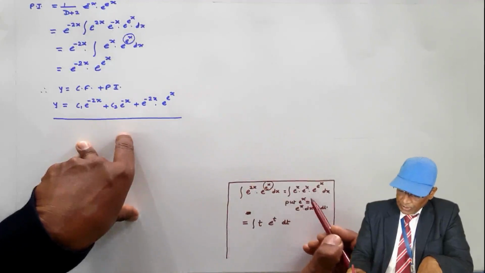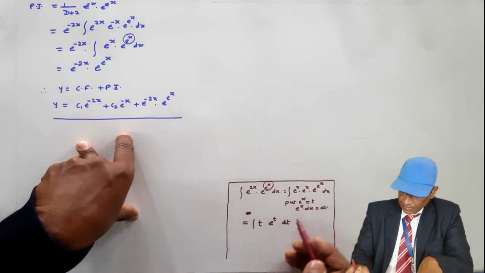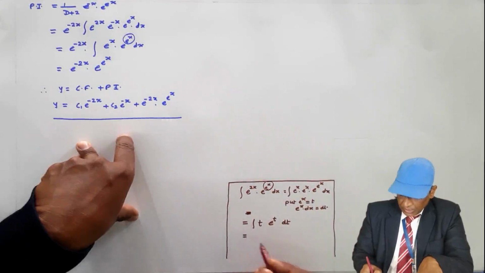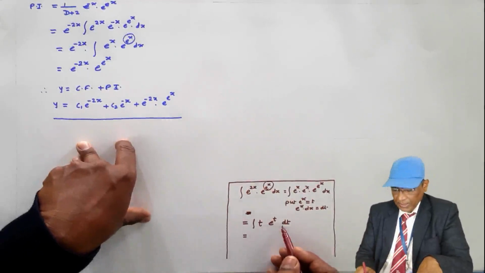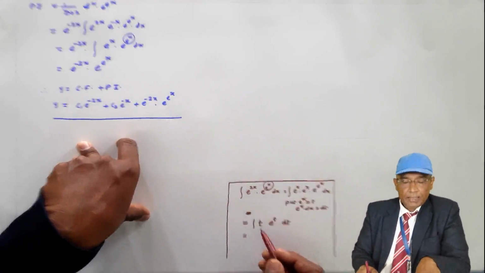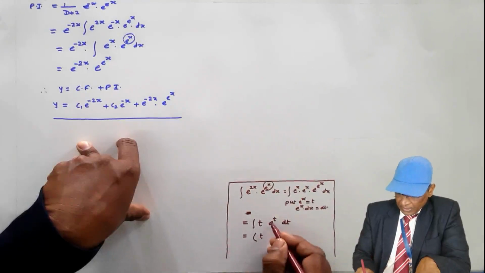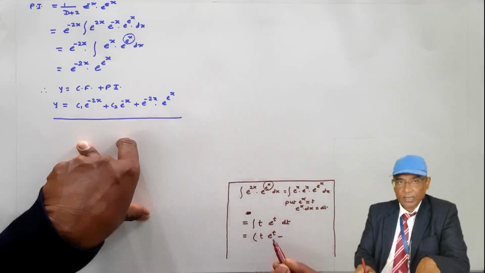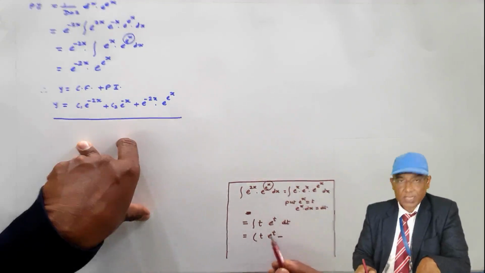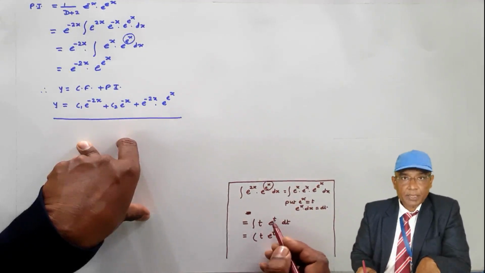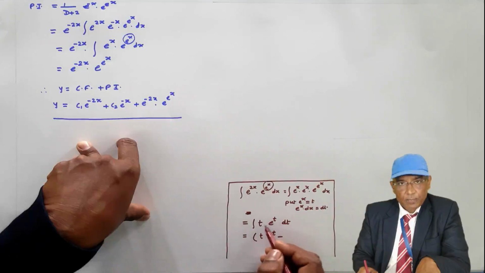Okay. And substitute e raised to power x equal to t, and e raised to x dx is dt in this way. Now, you can easily take the integration of t e raised to t by integration by parts. I am using generalized integration by parts. The generalized rule is convenient when one of the functions is algebraic, and that should be treated as the first function.